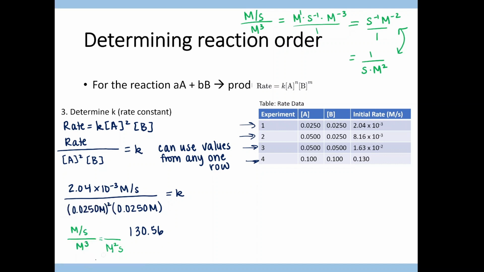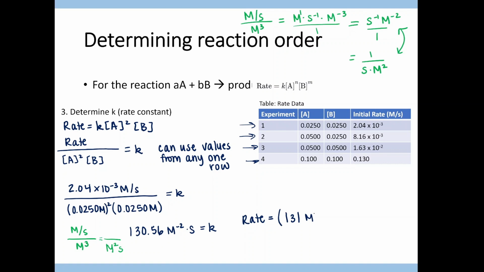So back to our rate constant. 130.56 molarity to the negative second power times seconds, that is equal to K. So our rate is equal to 131. We'll change the number of significant digits.